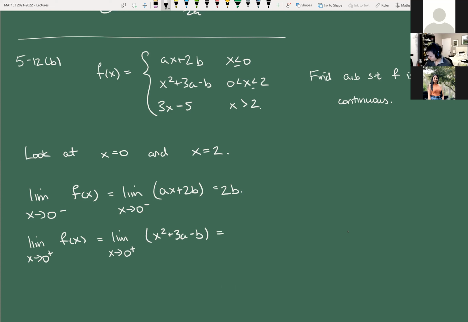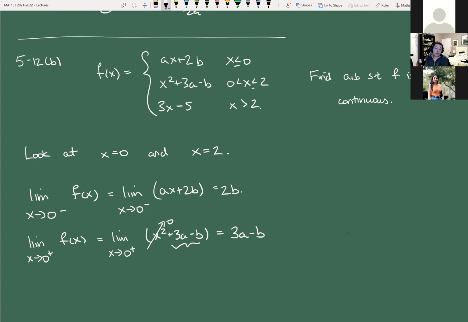And if I plug x squared equals 0 into this, I get 3a minus b, okay? Oh, right, is it 3ax? It just says 3a minus b, so maybe it was a typo, but as it is right now, it just says 3a minus b. So if I plug x equals 0 into this, this part dies, but this part still lives. So it's 3a minus b. But we'll see if that gives us something inconsistent later, right?